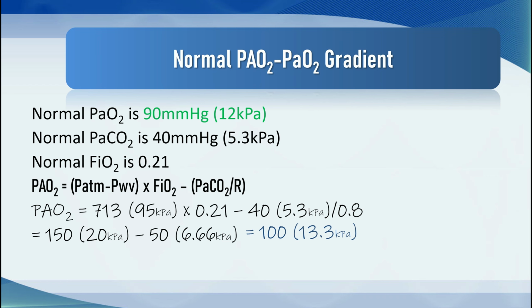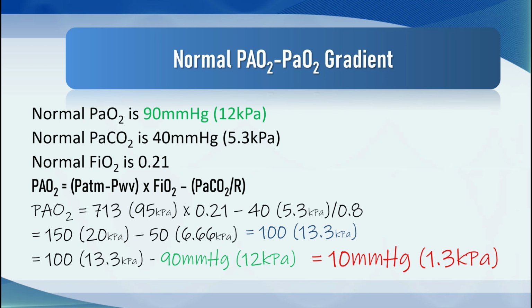To get the A minus a O2 gradient, we now need to subtract the arterial oxygen tension, and that's 90 millimeters of mercury or 12 kilopascals, and the difference is 10 millimeters of mercury or 1.3 kilopascals. That is the normal alveolar to arterial oxygen tension gradient.